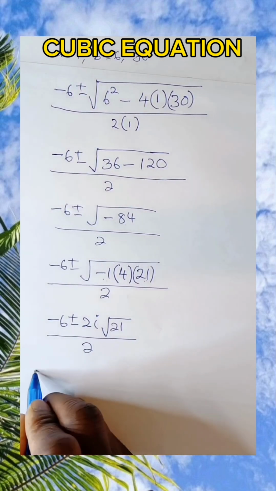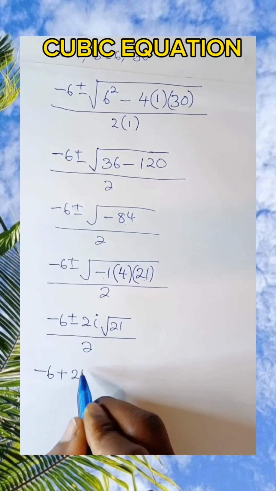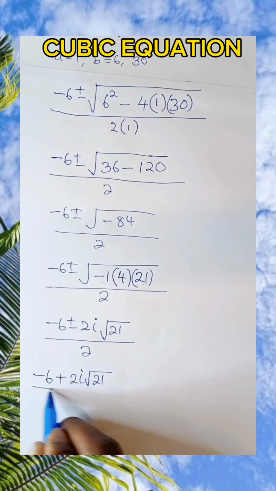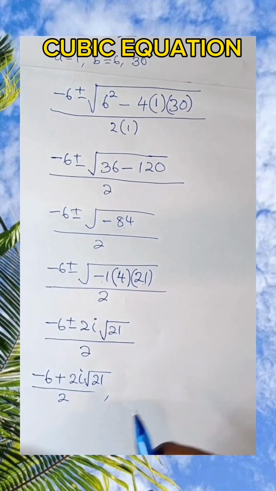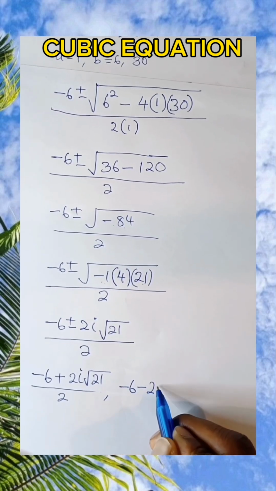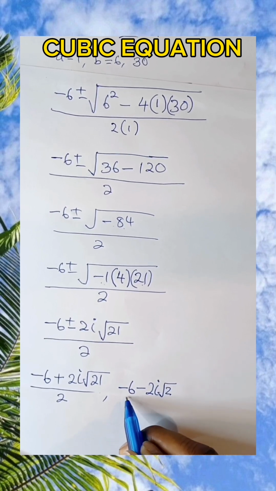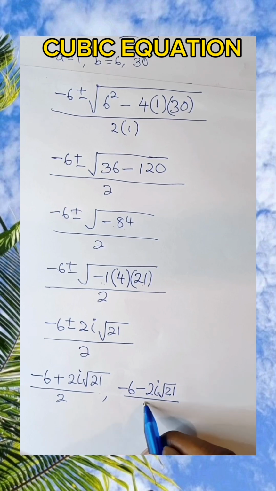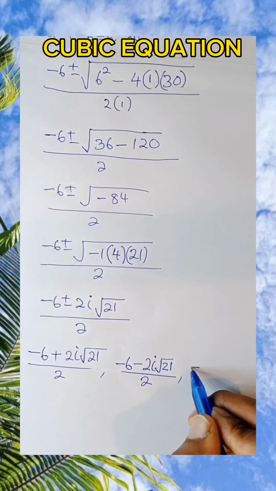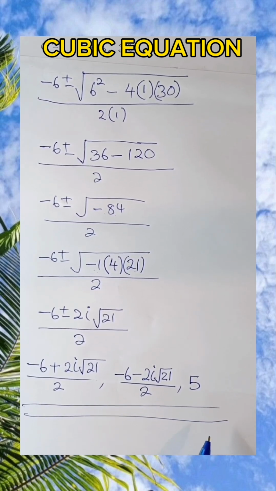So this will be minus 6 plus 2i times the square root of 21 divided by 2, and minus 6 minus 2i times the square root of 21 divided by 2. And the first value of x, which we obtained, is 5. These are the values of x that satisfy the cubic equation.